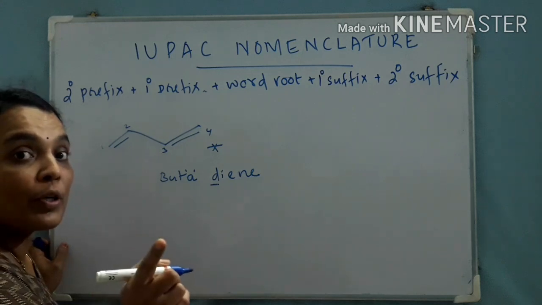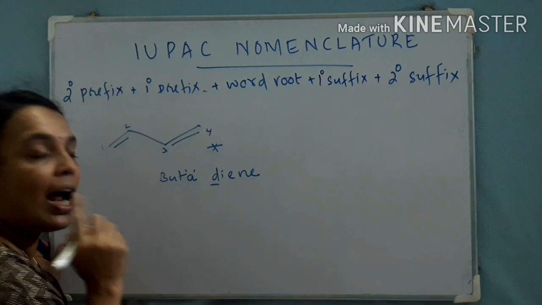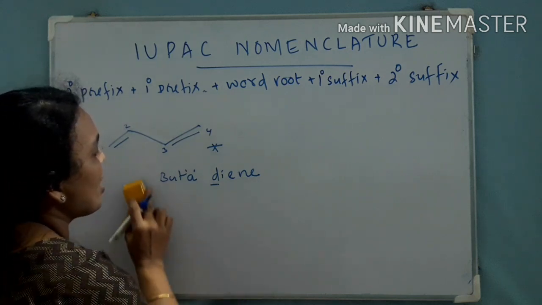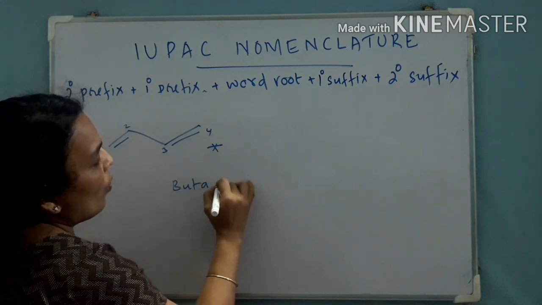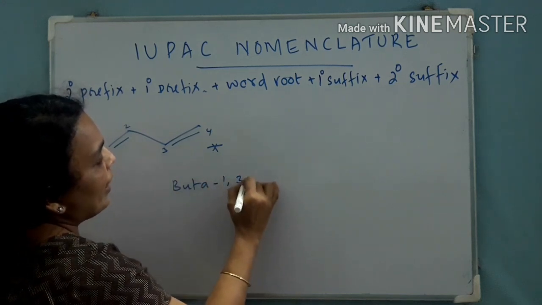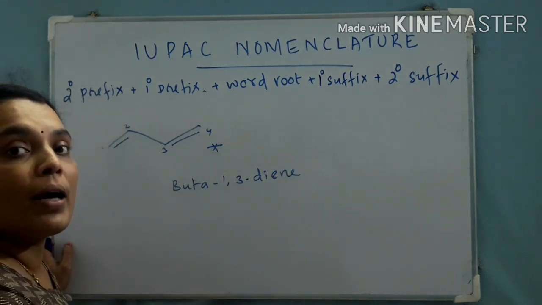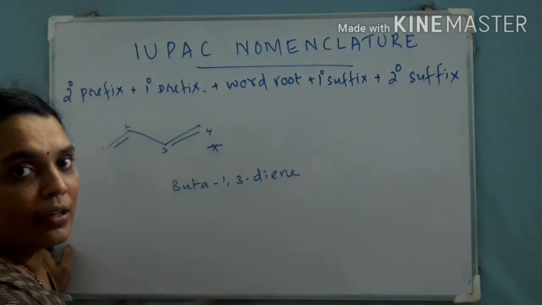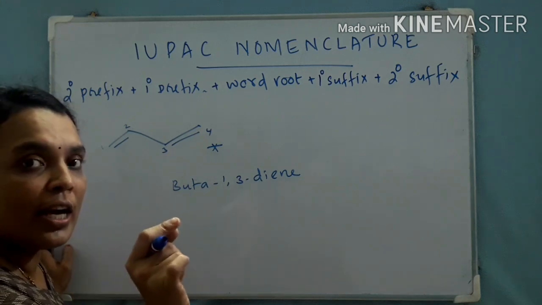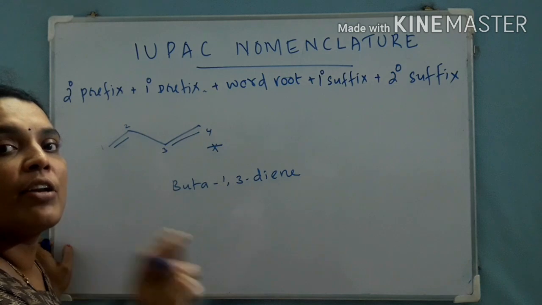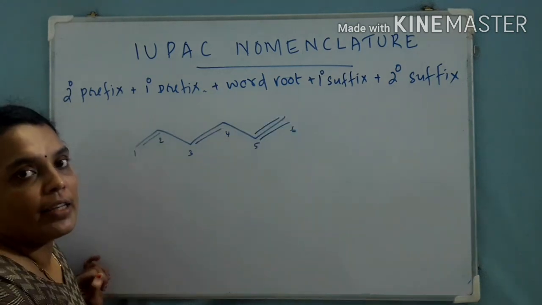So it is not butdiene, it is butadiene. Butadiene. So the position: buta 1, 3 diene. Got that point? If the primary suffix starts with a consonant, the word root has to end with a. Okay? Let us come to another example.